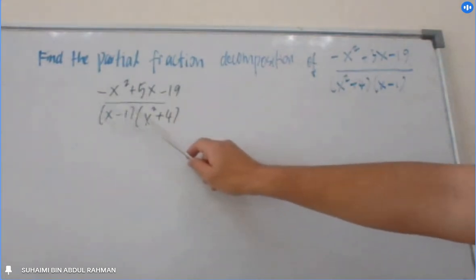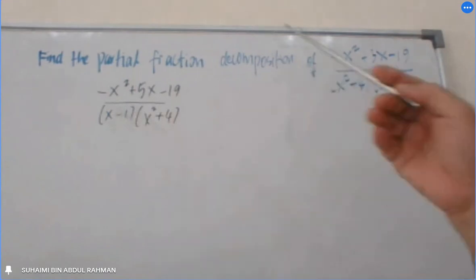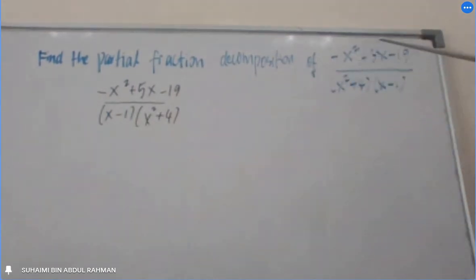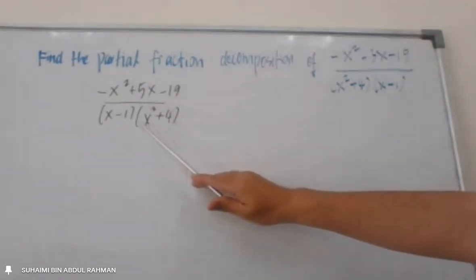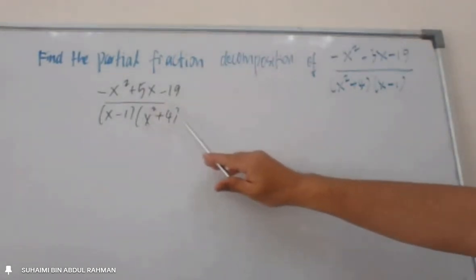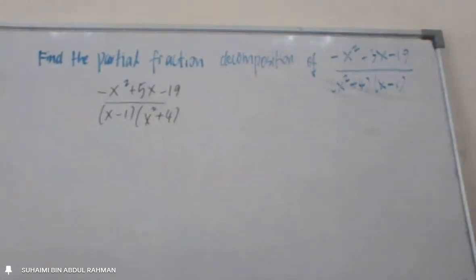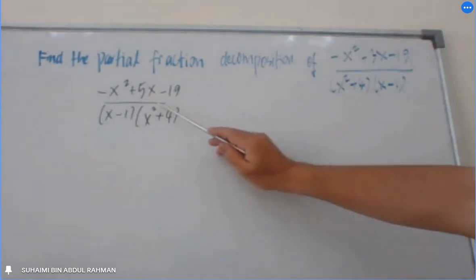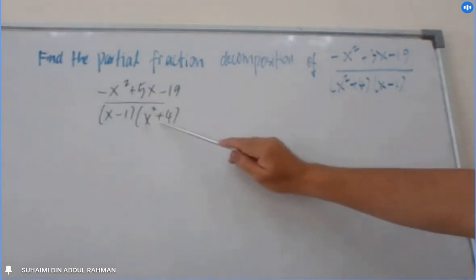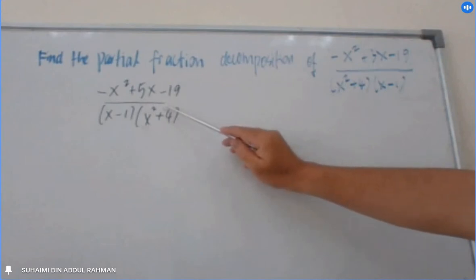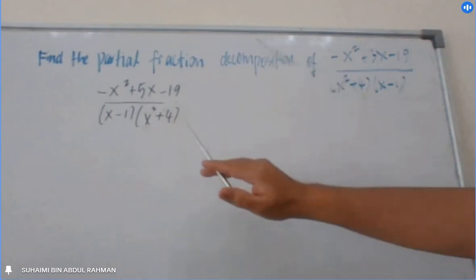This one is quadratic, but when we talk about quadratic, we have to make sure it is irreducible quadratic.